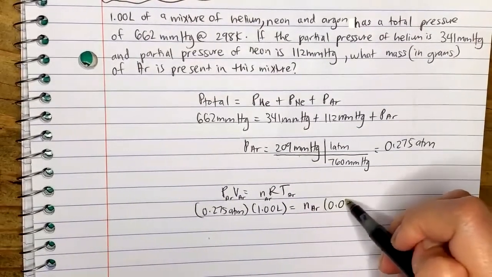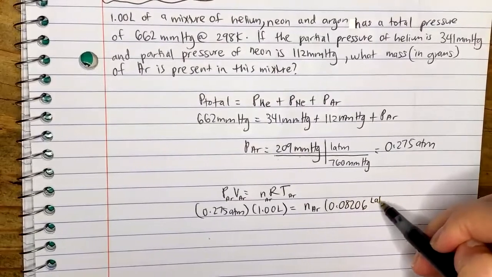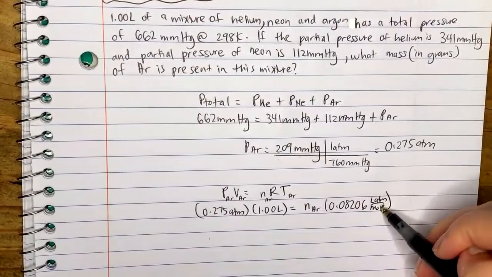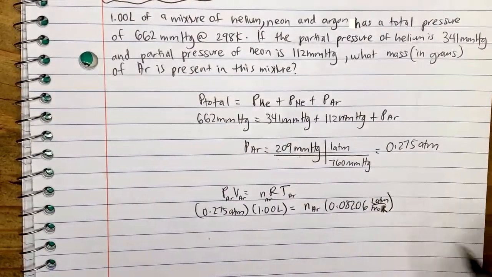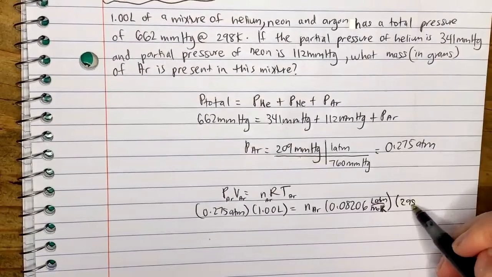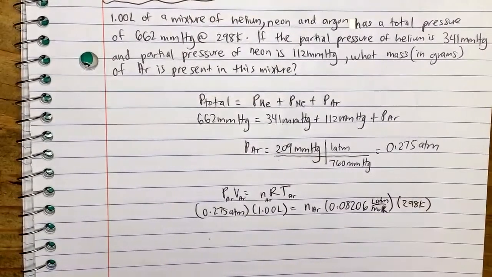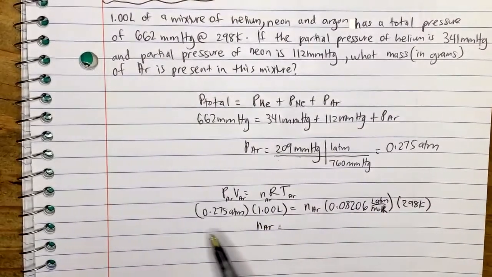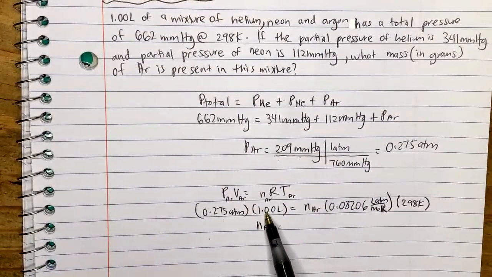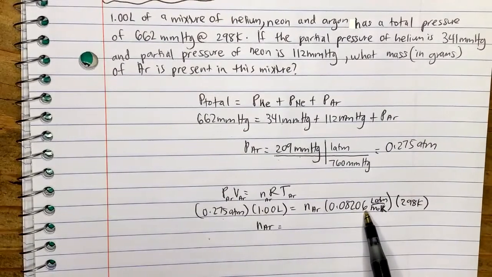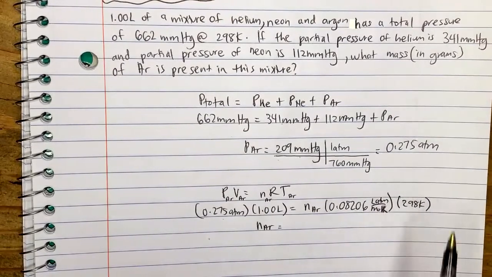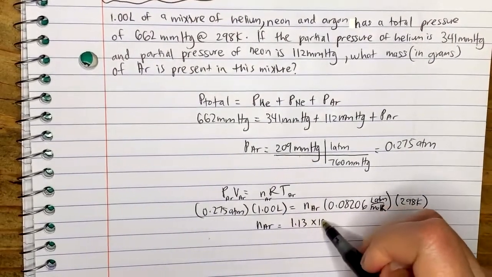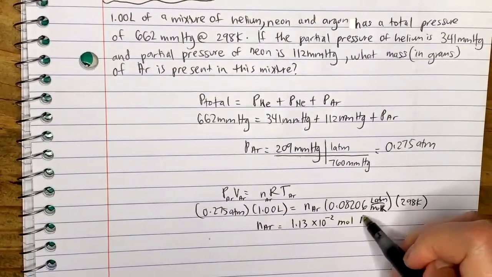R is 0.08206 liter ATM per mole Kelvin. And the temperature was 298 Kelvin. So to get n, you take 0.275 times 1 divided by 0.08206 and divided by 298. You can get the number of moles as 1.13 times 10 to the minus 2 moles of argon.